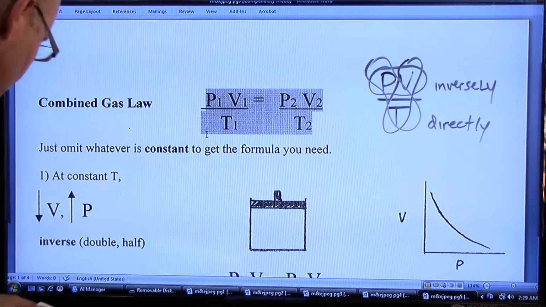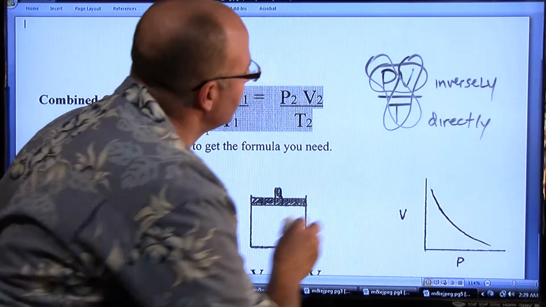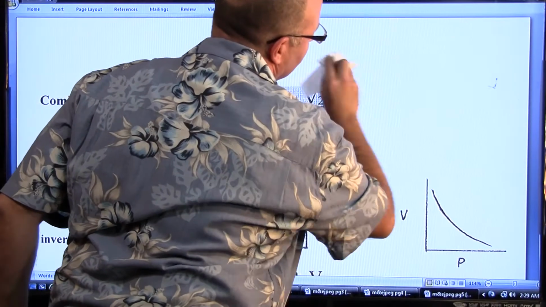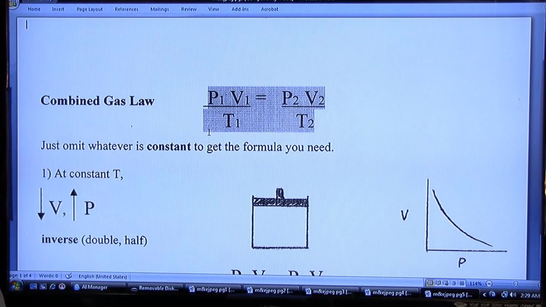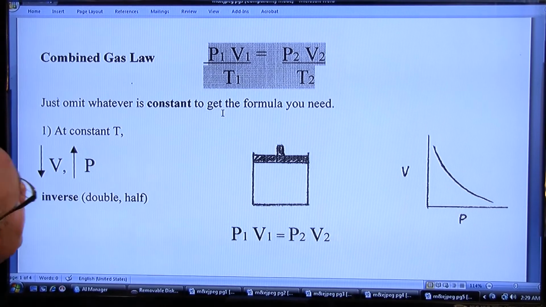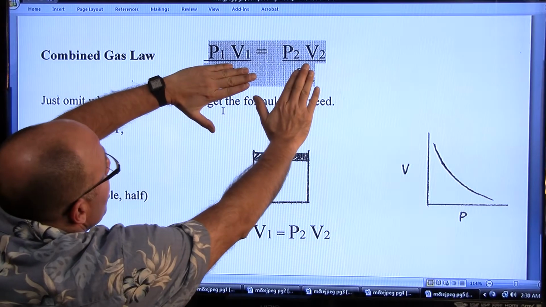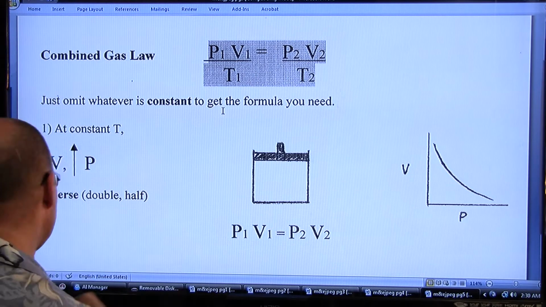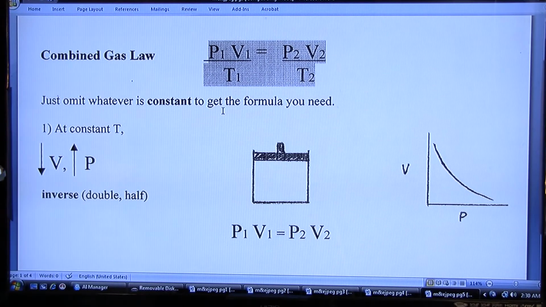So let me just erase this here so I can scroll down. If they tell you the temperature is constant, you're not going to use temperature. So your formula becomes PV equals PV, again, initial, final.